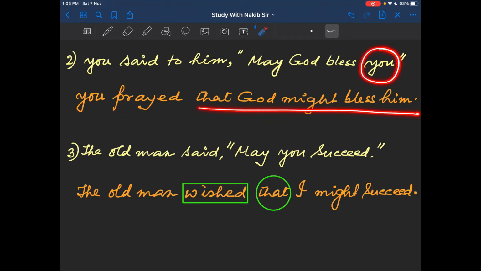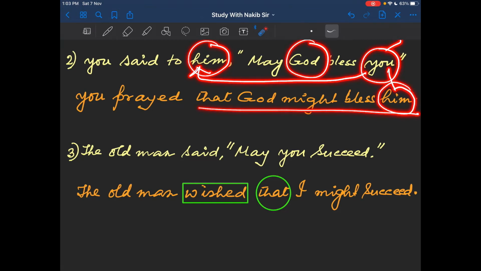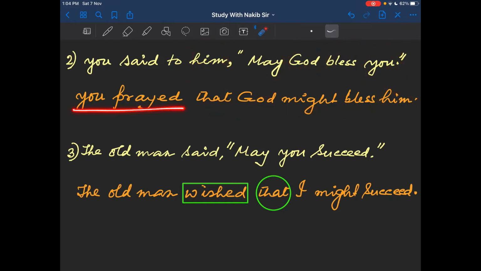This is the you, second person pronoun, so it will be changed to him according to the number and person of the object of the reporting speech. So you is changed to him, and God is a third person pronoun, so it will remain unchanged. So your answer is, you prayed that God might bless him.